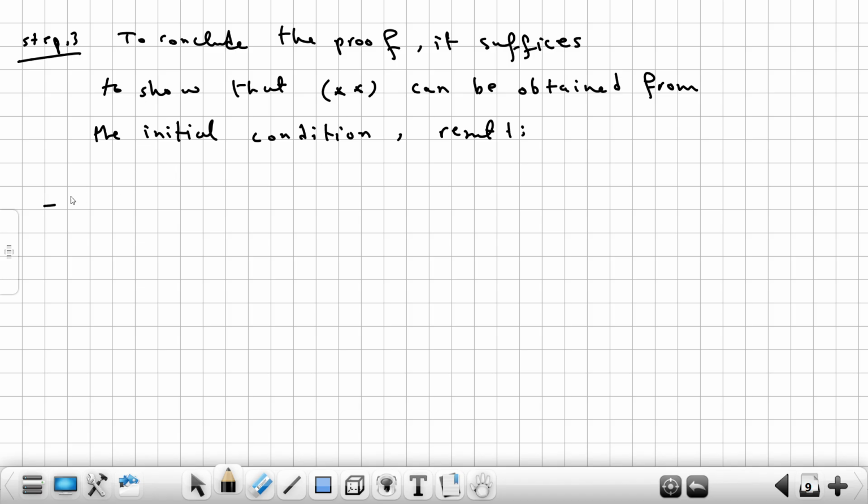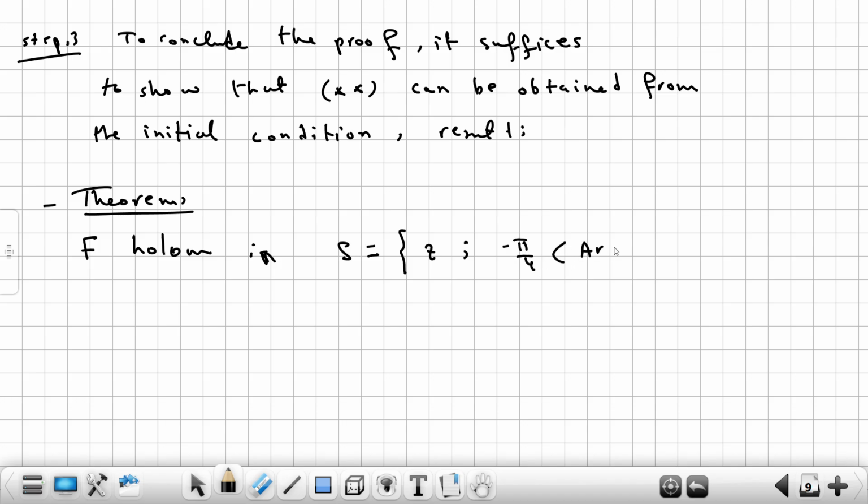So theorem: suppose that capital F is holomorphic in the sector S, the set of z such that the principal argument of z is between minus pi over 4 and pi over 4.